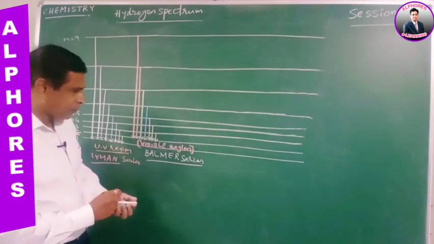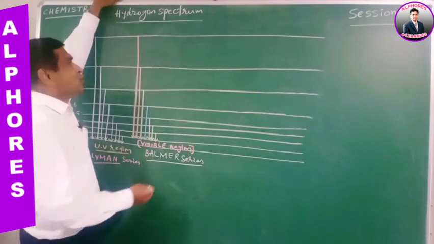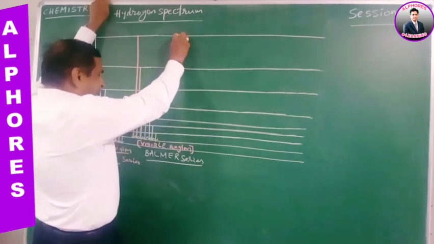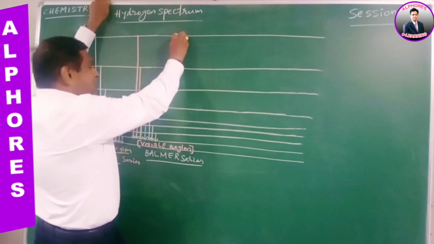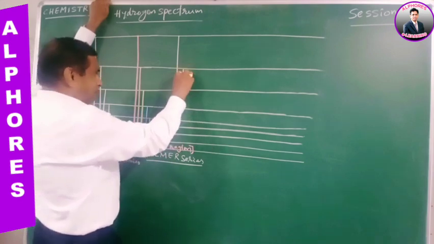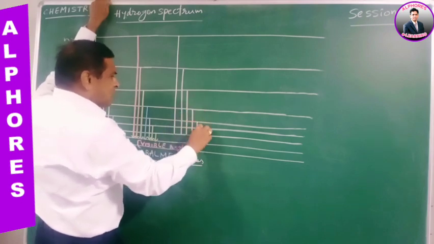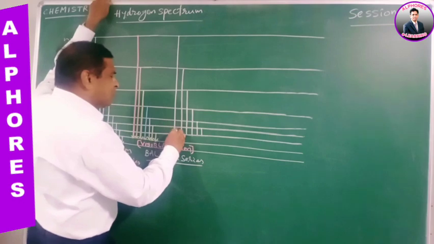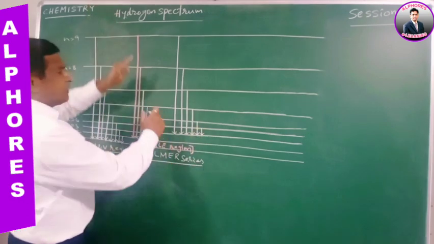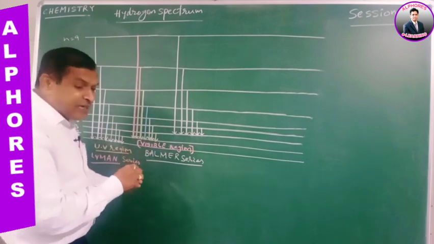Now, similarly, when an excited electron jumps from higher energy levels to the third orbit, when the excited electron transition takes place from higher energy levels to the third energy level, the emission radiation of the corresponding spectral lines was observed in near infrared.